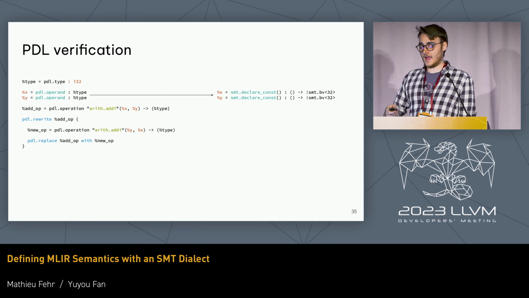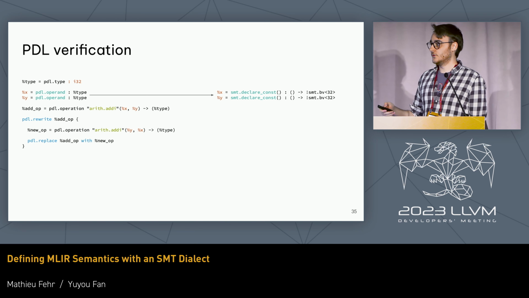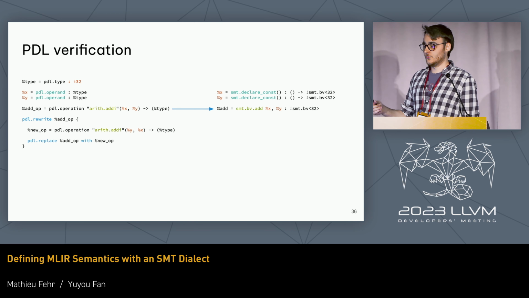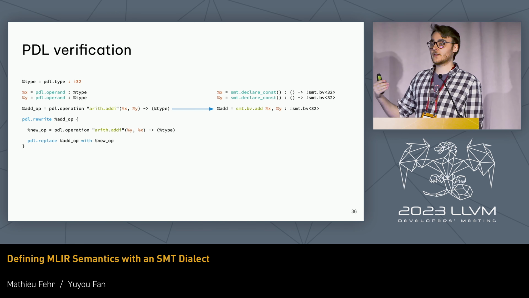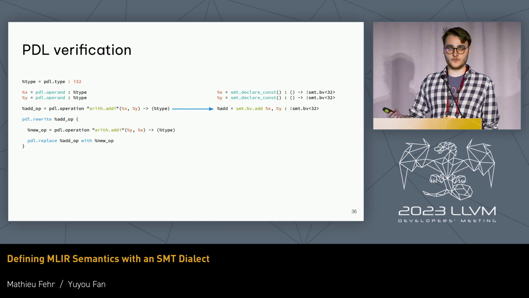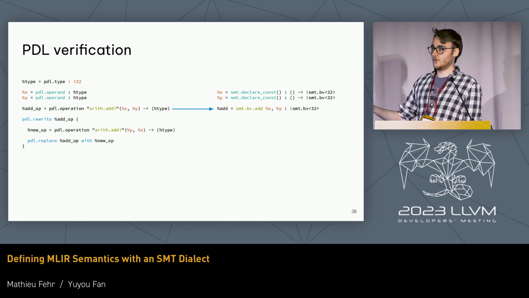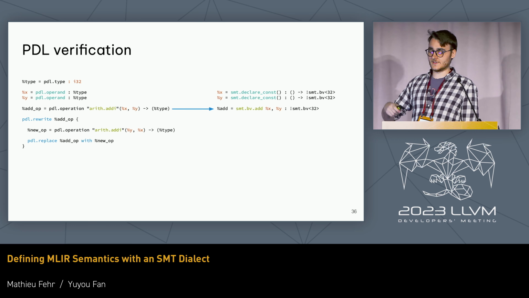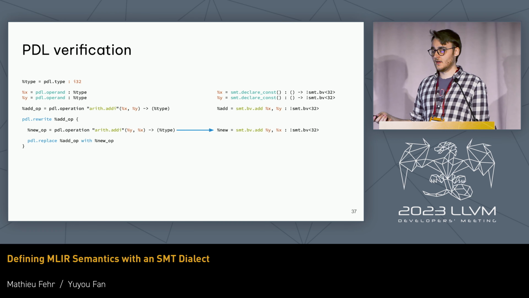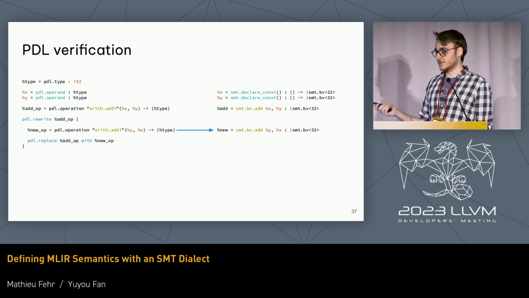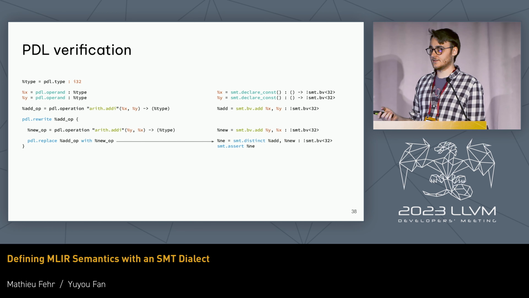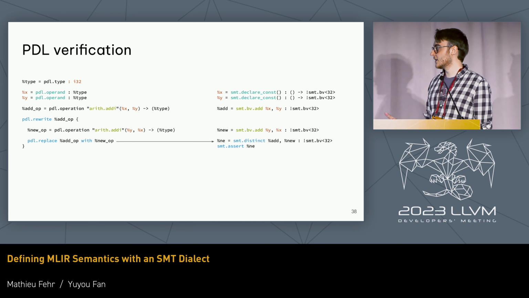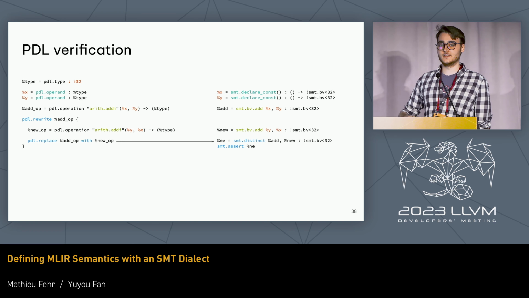Then the PDL arith.add operation uses the lowering I was explaining before to transform it into an SMT bit vector add, which is just the addition of two integers. The operation we rewrite, the y plus x, is handled the same way. Then checking that the replacement is correct is just checking that the results of these two addition operations are not distinct.